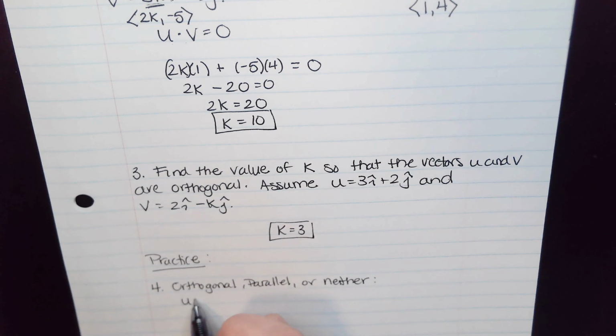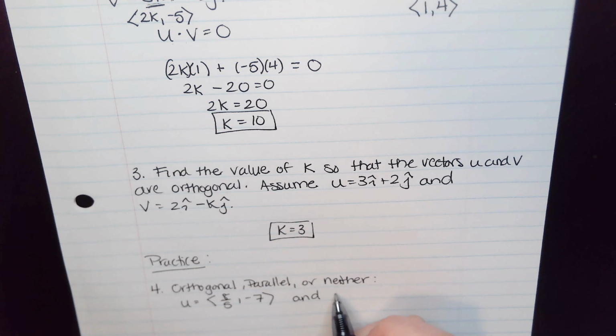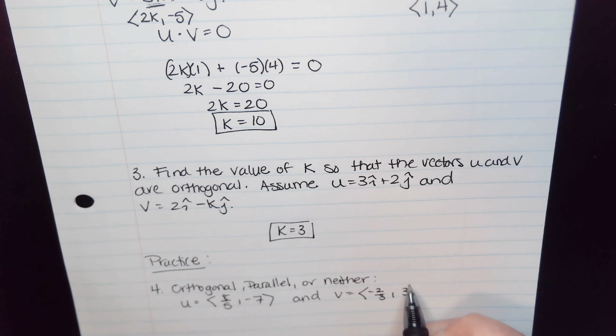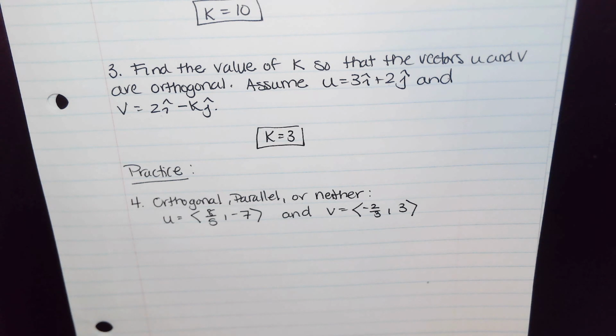So vector u is 8/5, negative 7, and vector v is negative 2/3, 3. I gave you some fractions to try out there. Pause the video and determine whether these are orthogonal, parallel, or neither.